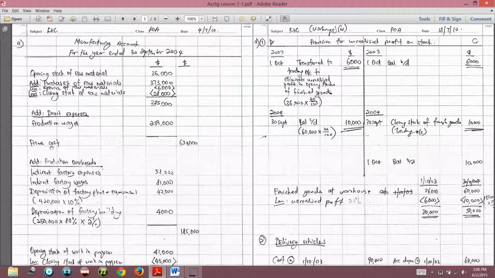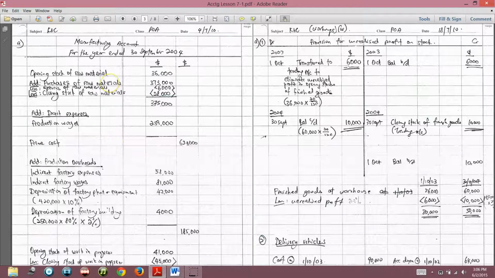The most important cost, of course, is the raw material. Without the raw material, we cannot produce anything. And then the other primary cost will be the direct cost, direct production wages. That means the staff who do the production. These direct costs are all prime costs. So we got to figure out the prime cost first.